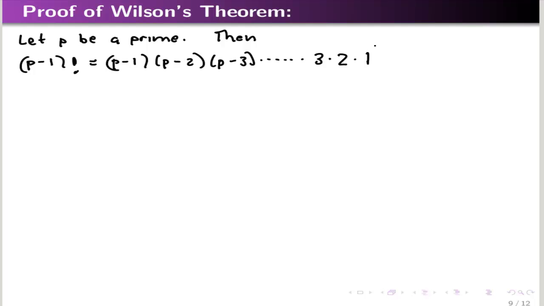And the trick here, let's go ahead and make it a congruence, is to pair each number in that product with its multiplicative inverse.